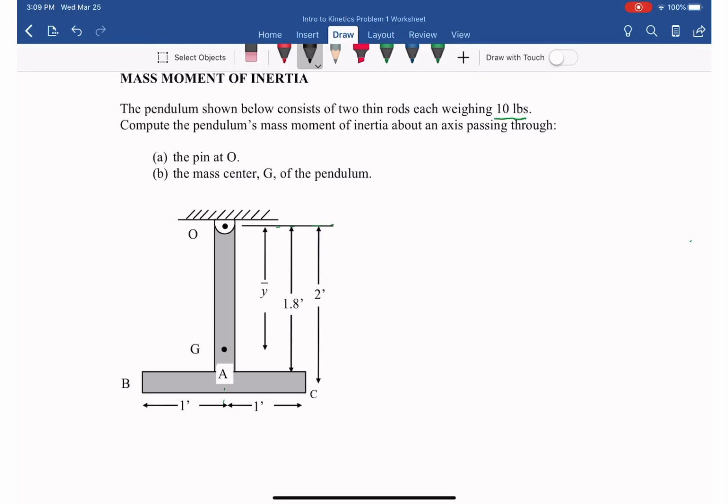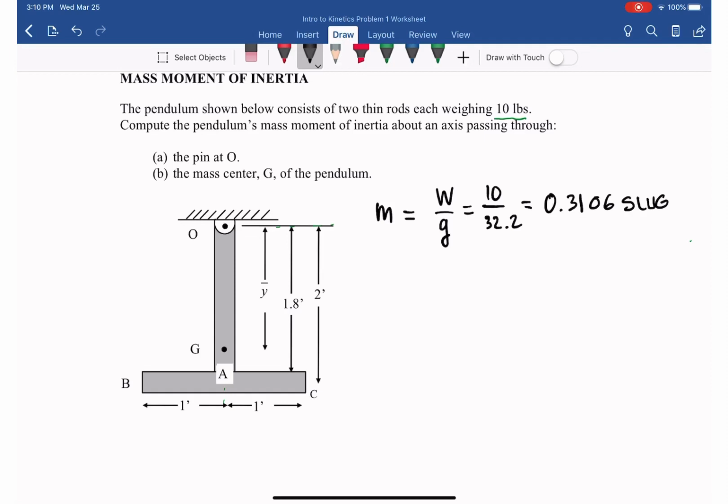So from that we can have the mass equal to weight divided by g, and in this case g equals 32.2 feet per second squared, so 10 divided by 32.2 equals 0.3106, and the unit should be slug.